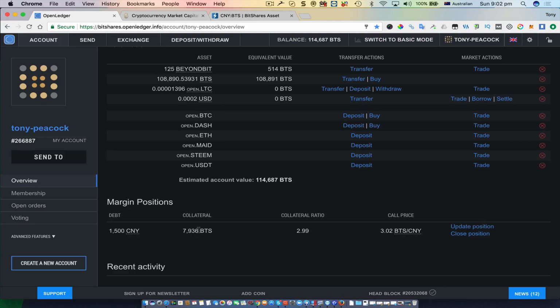And I just want to point out, it is a decentralized exchange, which means that there's no way it can be closed down. There's no way a government can close down the Bitshares. Furthermore, I own the keys to my account. I actually control my own account. So if you're interested in trading and having cheap fees, then you might want to check out Bitshares.